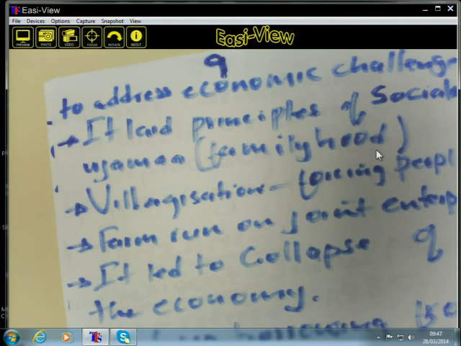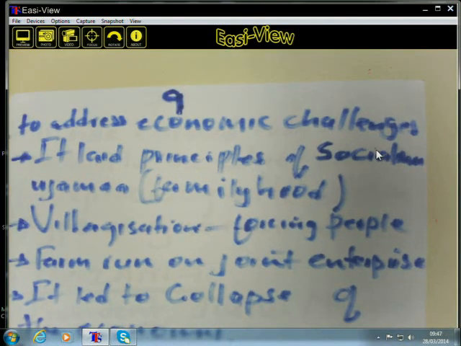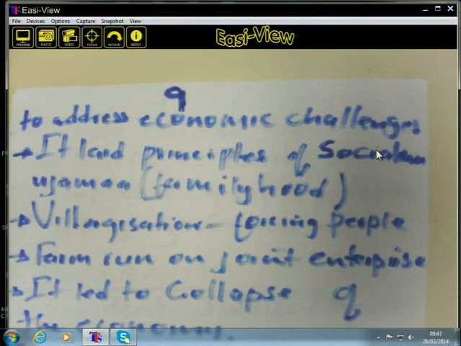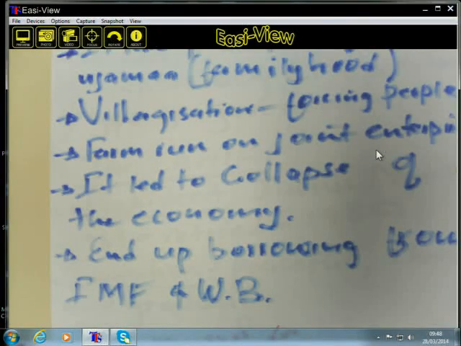So by doing that, he was trying to make sure that he levels the playing field. Everybody had to be equal in Tanzania. Those principles were termed as principles of socialism under the economic system that was Ujamaa, which was concentrating on ensuring that people moved to villages.